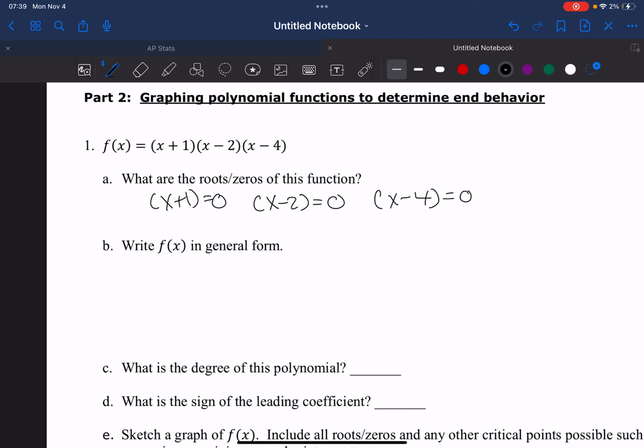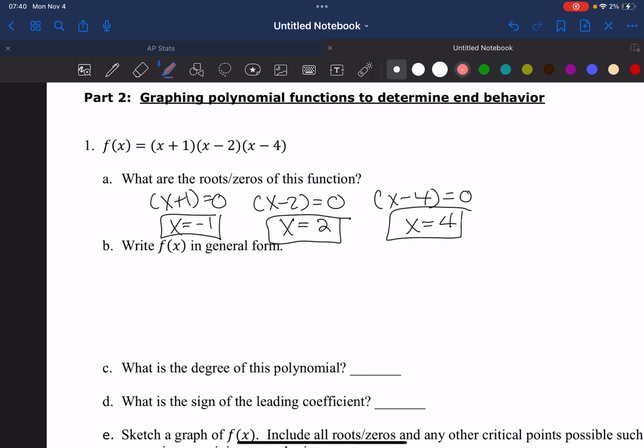And then I solve for each, which means I get x equals negative 1, x equals positive 2, because I'm adding that 2 over, and x is equal to 4. Now that we found the roots, it wants us to write it in general form. So remember, since it's 3 parentheses, we're going to multiply the first 2 first using the FOIL method.